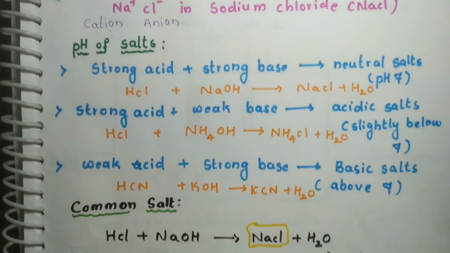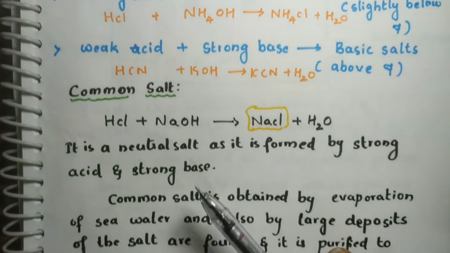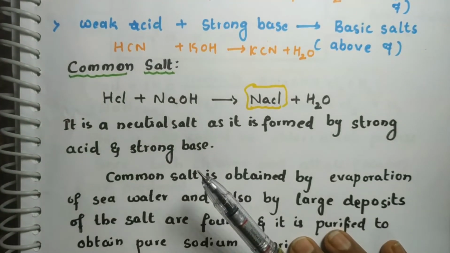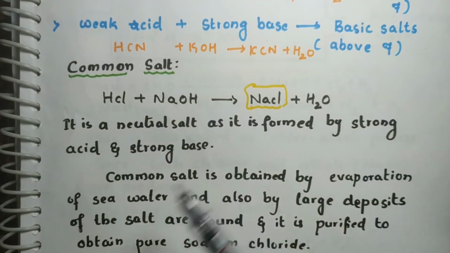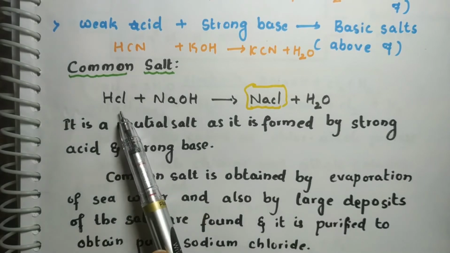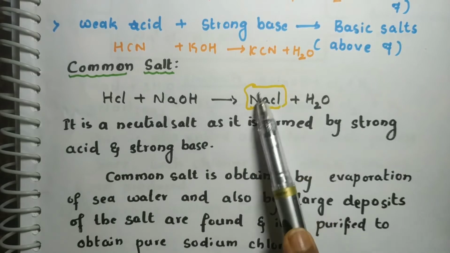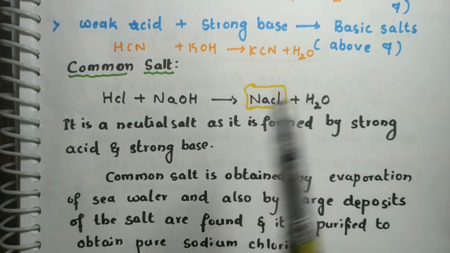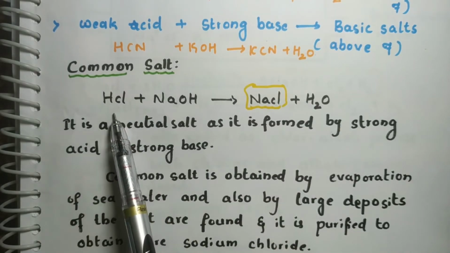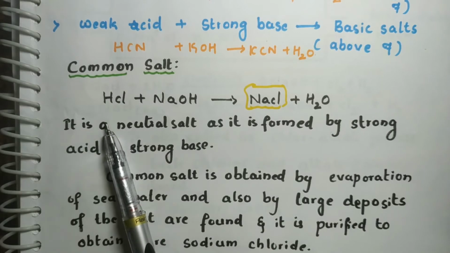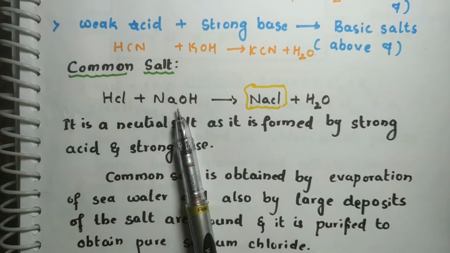Let us study common salt. The common salt formula is NaCl. How is it formed? Common salt is formed as a result of the reaction between HCl and NaOH. It forms NaCl. It is a neutral salt because it is formed as a result of the reaction between a strong acid and a strong base.